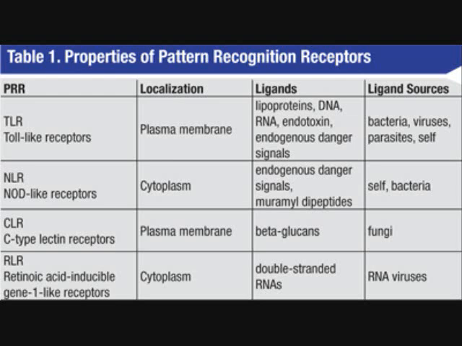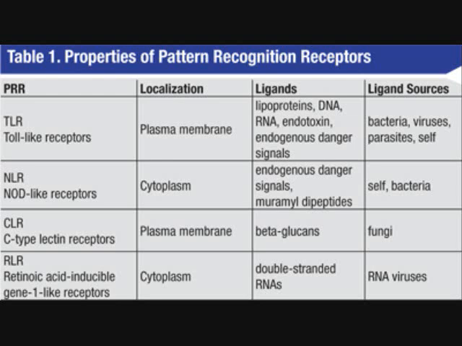PAMPs, the pathogen-associated molecular patterns, can really be any of a number of things. They can include various bacterial cell wall components. Lipopolysaccharide seems to be the prototypical PAMP. Other lipopeptides, molecules like flagellin or pieces of bacterial DNA, double-stranded viral RNA.